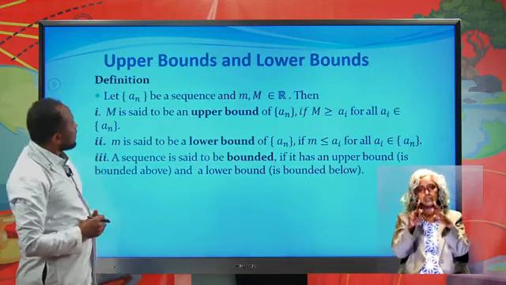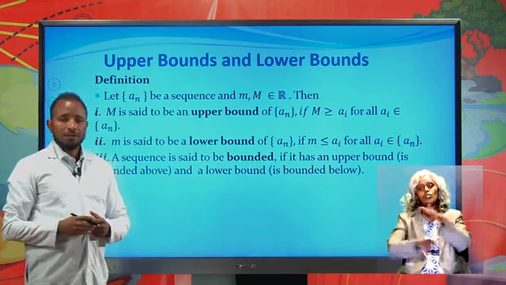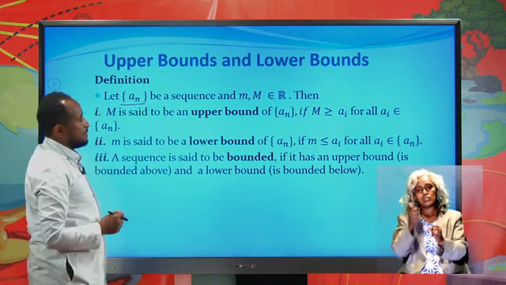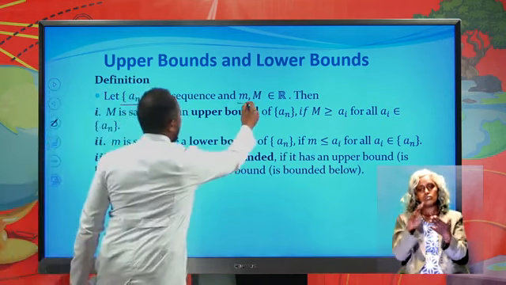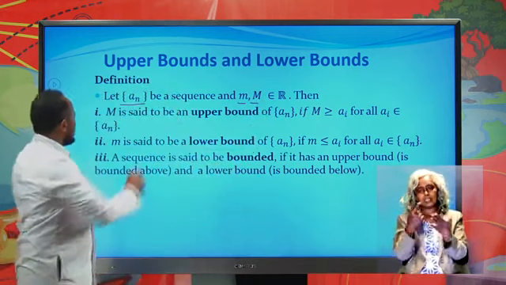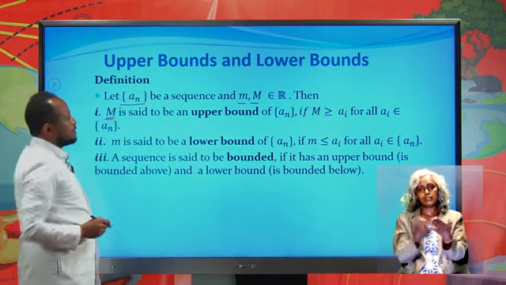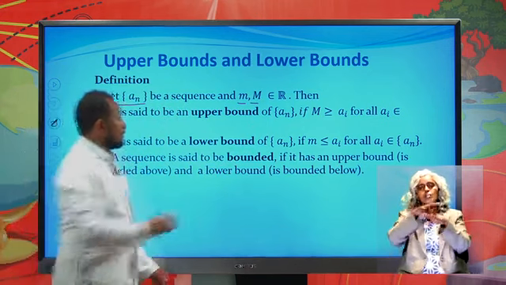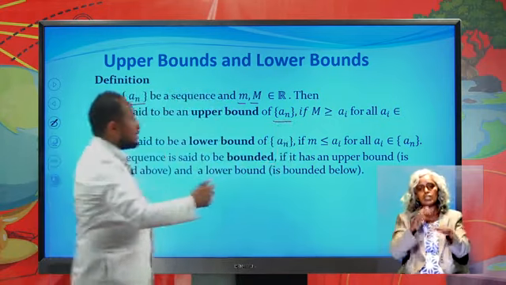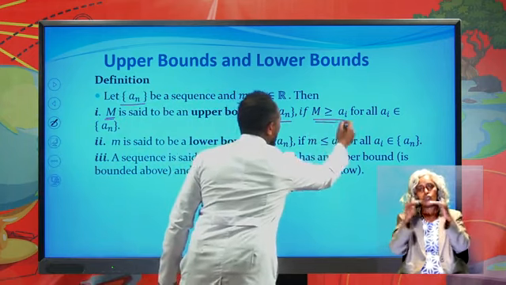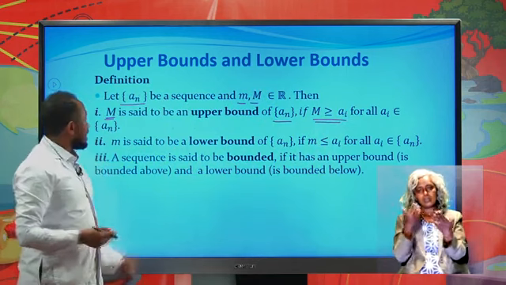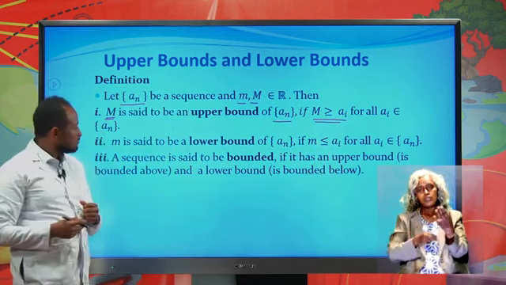Let's see about upper bounds and lower bounds. Let's see the definition. We have this sequence (a_n), and these two, small m and capital M, elements of the real numbers. Then this capital M is said to be an upper bound of the sequence if M is greater than or equal to all elements of the sequence, a_i, where a_i is an element of the sequence.